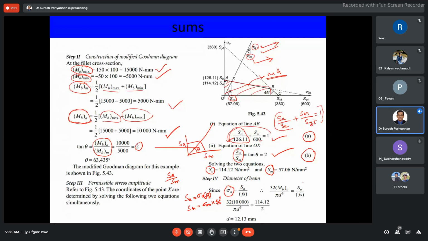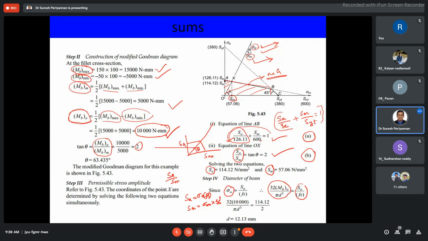Which one is the maximum bending moment here? This is the maximum, 10,000 Newton millimeter. That information I'm going to consider for finding sigma A. Sigma A is equal to SA divided by Fs. On the left hand side, I'm introducing my maximum bending moment.